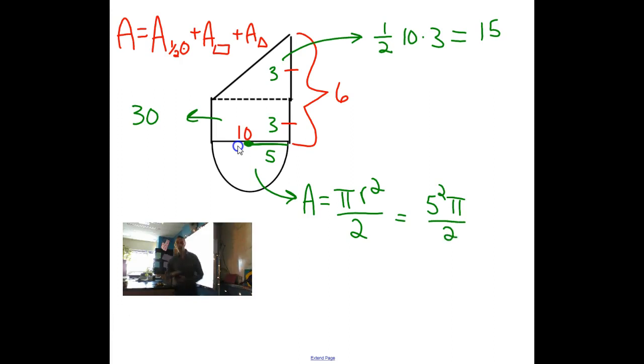I'm actually going to use my calculator here. 5 squared is 25. 25 times pi, and I'm using the pi key on my calculator. There you go, 25 times pi. And I divide it by 2, and I get 39.27.